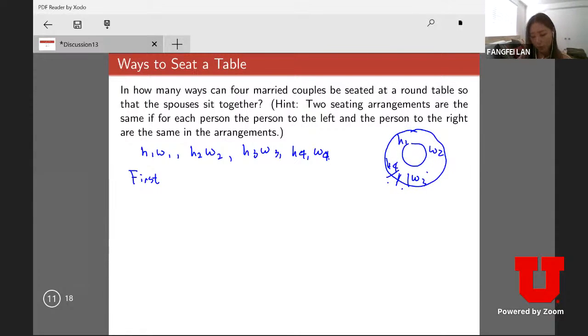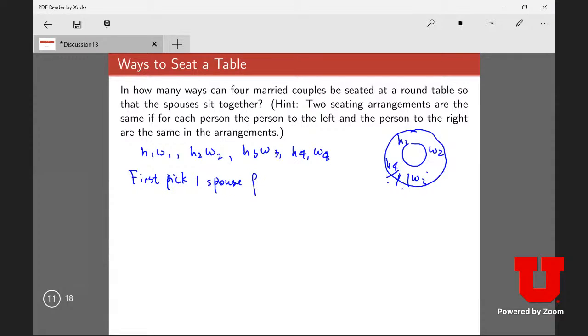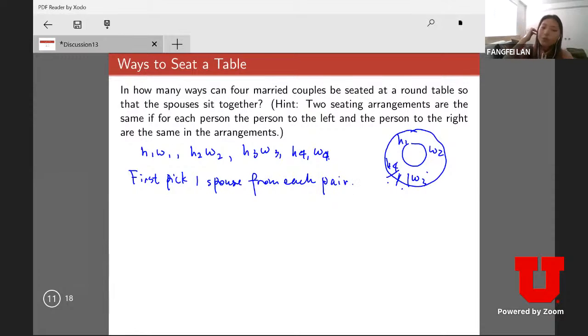Let's pick 4, 1 from each pair. First, pick. Okay, well that would be, would it be 8 choose 4? If you're using 8 choose 4, then you are choosing any random 4 from these, right? But we want 1 from each pair. Okay, I see.